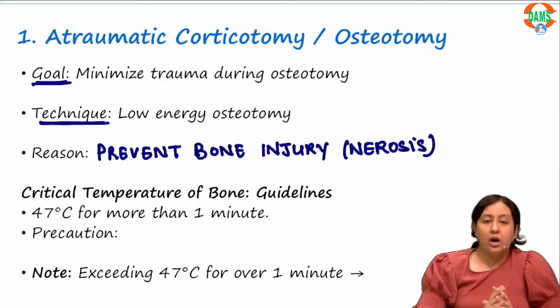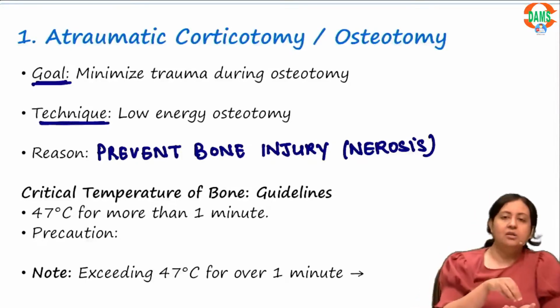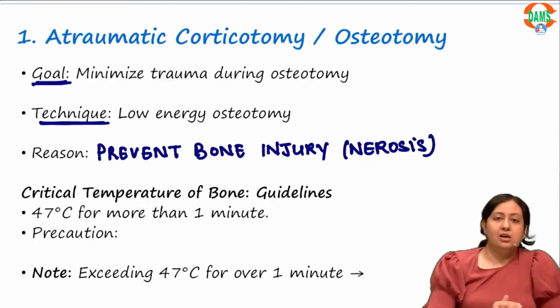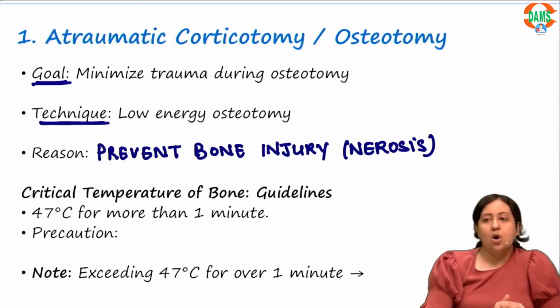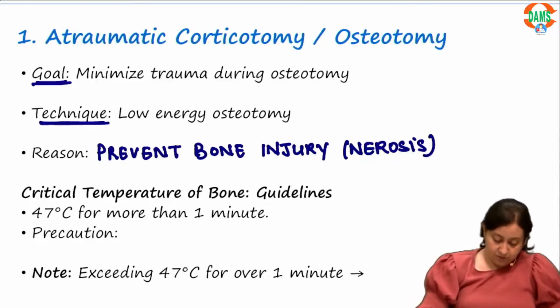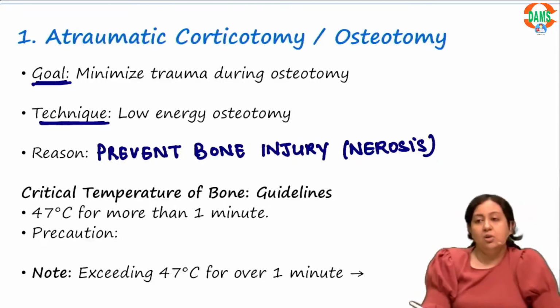So to avoid this, there were certain guidelines given regarding the critical temperature which has to be maintained at the interface of the saw blade and the bone. This critical temperature should not exceed 47 degrees Celsius for more than 1 minute.